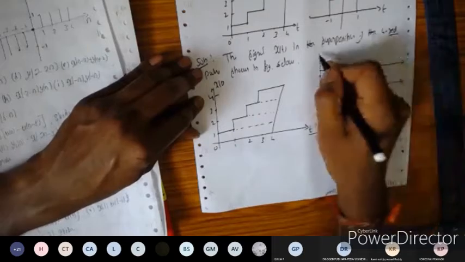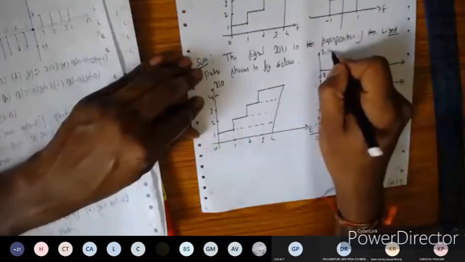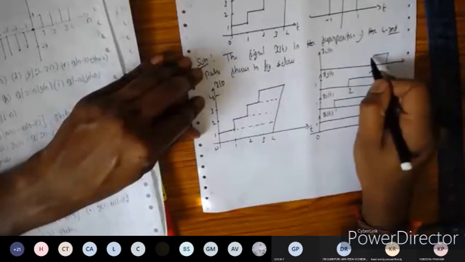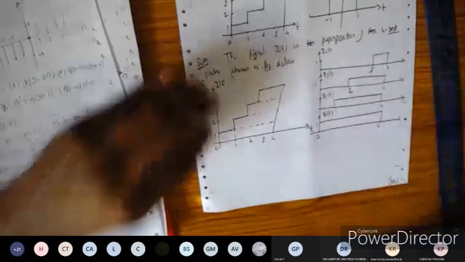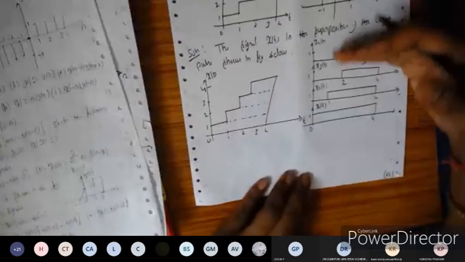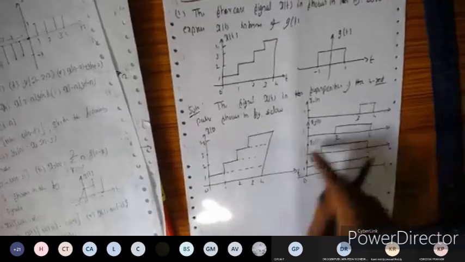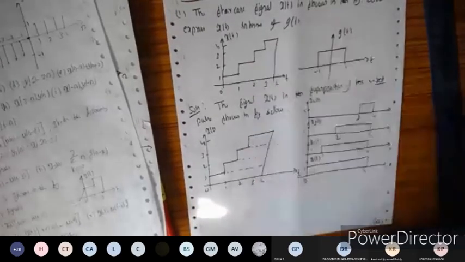The other one is x4 of t, which begins from 3 to 4, with amplitude 1. And I'm going to add all those signals. I'm going to get the signal like this here.